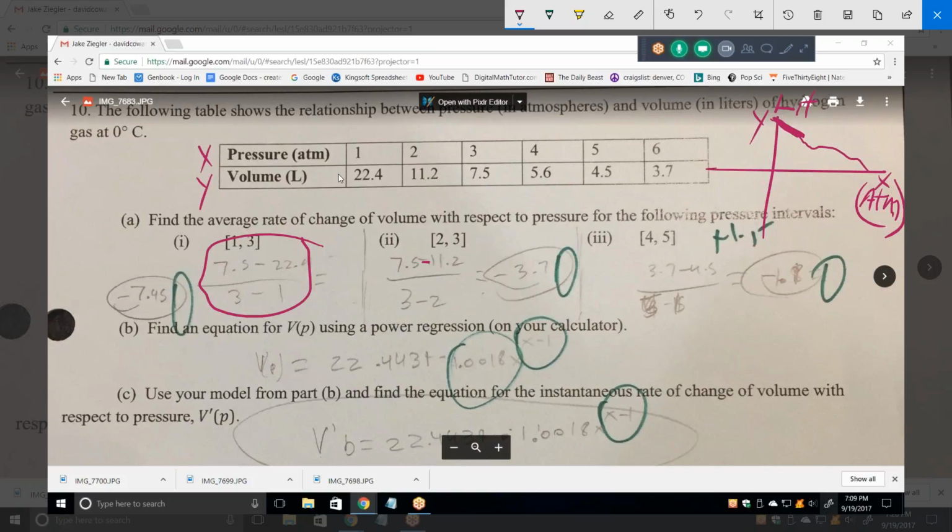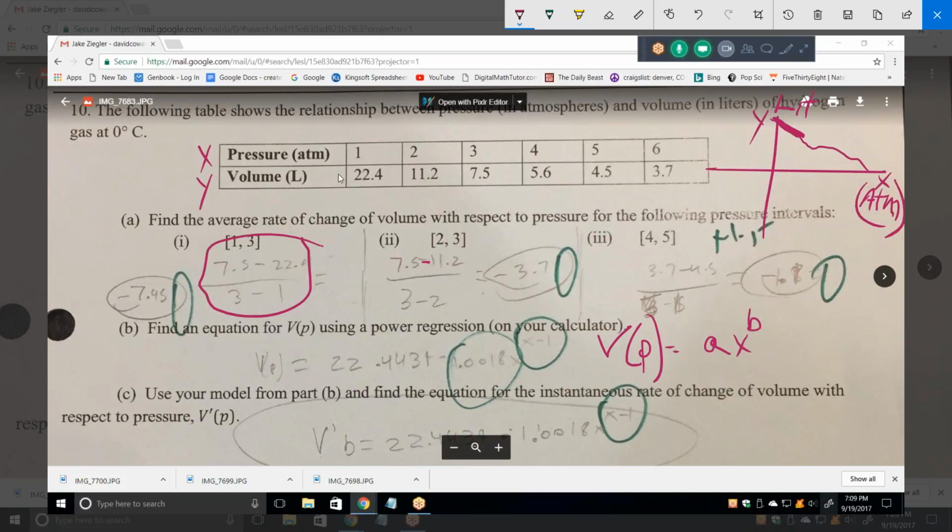Here, let me write on here what this answer should look like, because I don't think you got it quite right. V of P, the volume as a function of pressure, that's what that means, is equal to some A times X to the B. That's the power format.